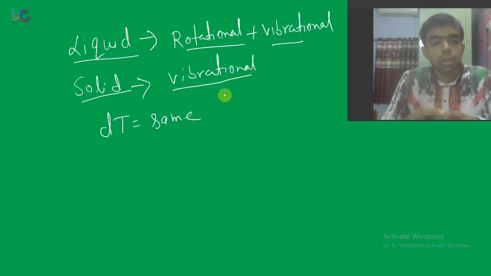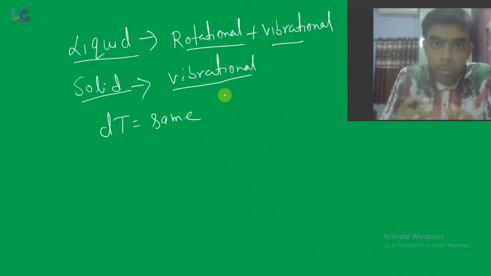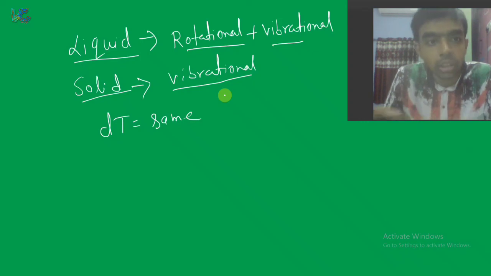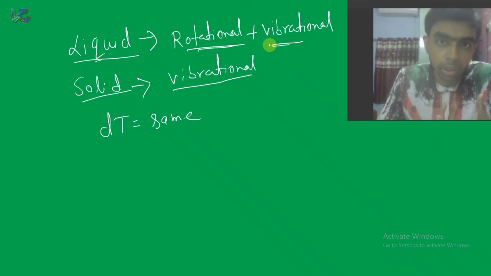To generate the same temperature difference, the liquid will take more heat than solid, because the heat taken by the liquid will be distributed in two parts, rotational and vibrational degrees of freedom, and then the temperature increase will start.